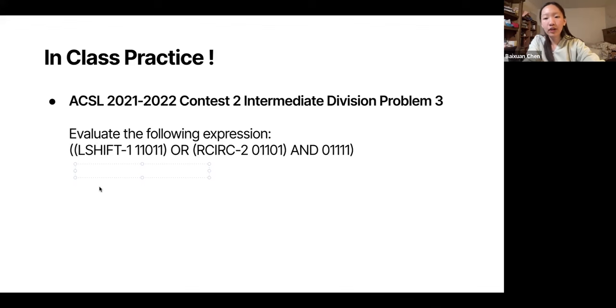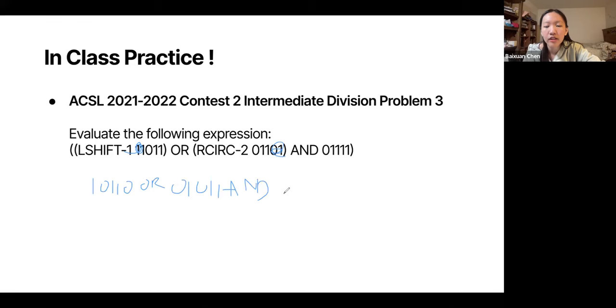So left shift 1, we take off the leftmost digit and then we add 0 at the end, right? So it's 1 0 1 1 0. And then for right circle, we take off the rightmost digits and we add them to the front. So it'll be 0 1 0 1 1.